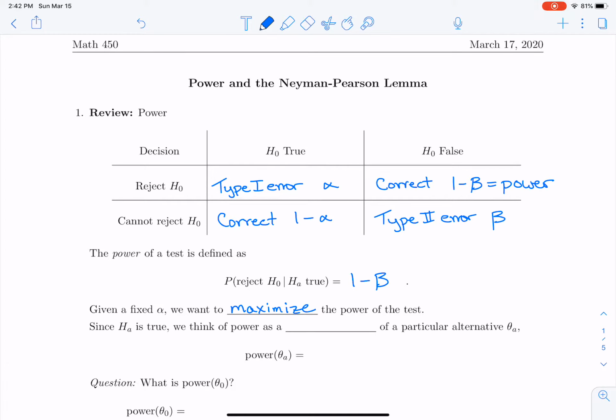Since in this situation our alternative hypothesis is true, we want to think about power as being a function of a particular alternative. We'll call that alternative theta sub A. So power we can think of as being 1 minus beta as a function of our alternative, theta sub A.